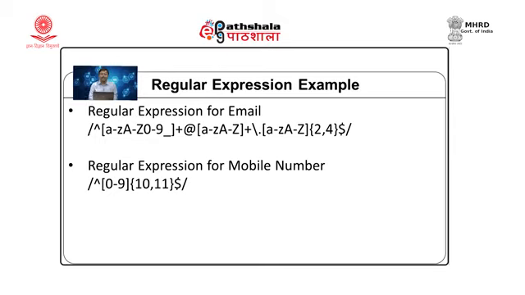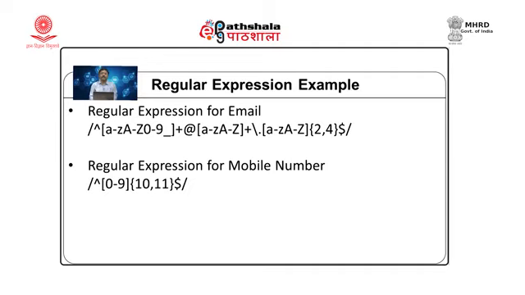Again I repeat, the email should contain a username which is a to Z, small or capital, 0 to 9, plus @, then the provider which is Gmail, Yahoo Mail, etc. or server name. So, it again consists of A to Z, capital or small, then a dot, and finally the domain name, which here we specify should end with 2 to 4 characters.